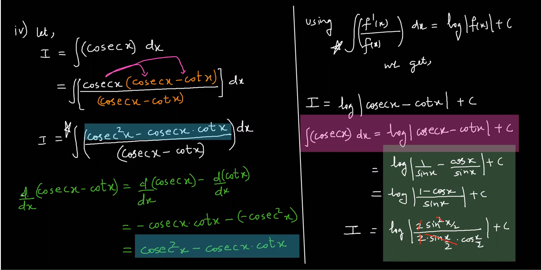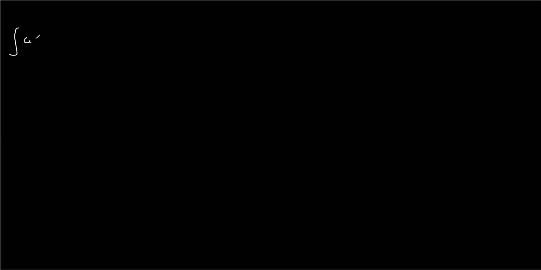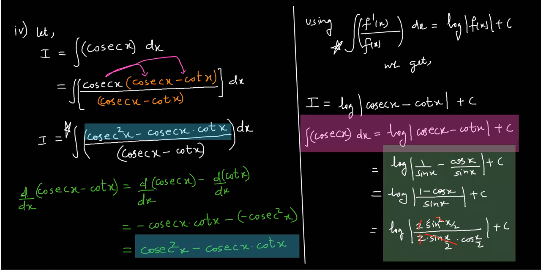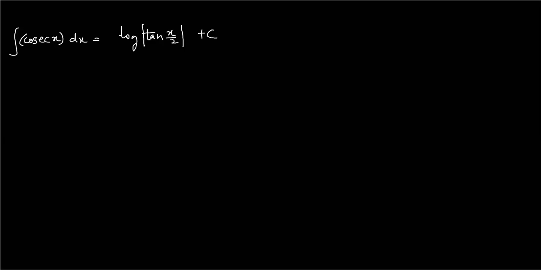So the next step, integral cosec x dx is equal to log of tan of x by 2 inside mod plus c. How tan x by 2? Because I have sin x by 2 left in numerator and cos x by 2 left in denominator. So sin x by 2 upon cos x by 2 is tan x by 2.